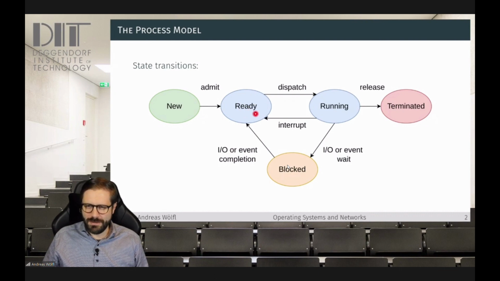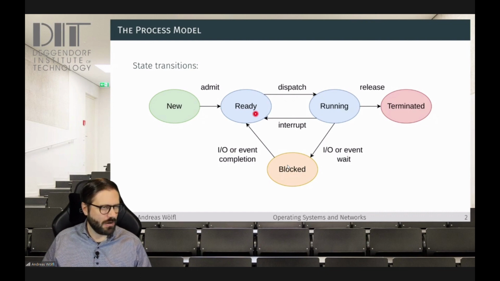When the process is ready, it needs to wait for the operating system to assign a CPU to the process. And nowadays we have multi-core, multi-processor or multi-CPU systems. So the operating system assigns the hundreds of processes in the system.